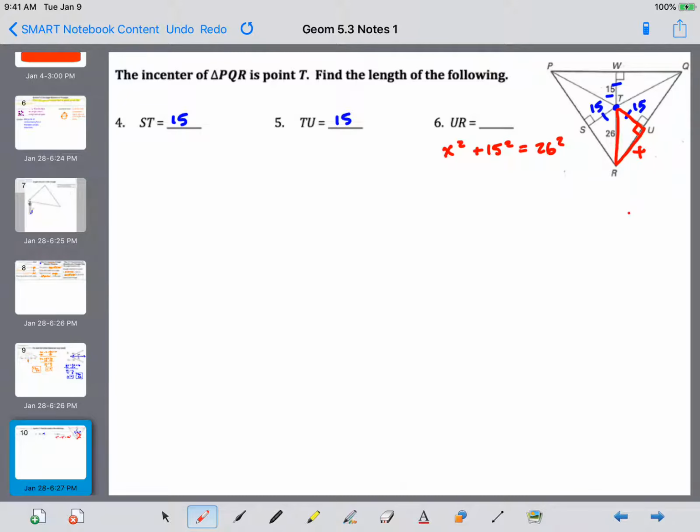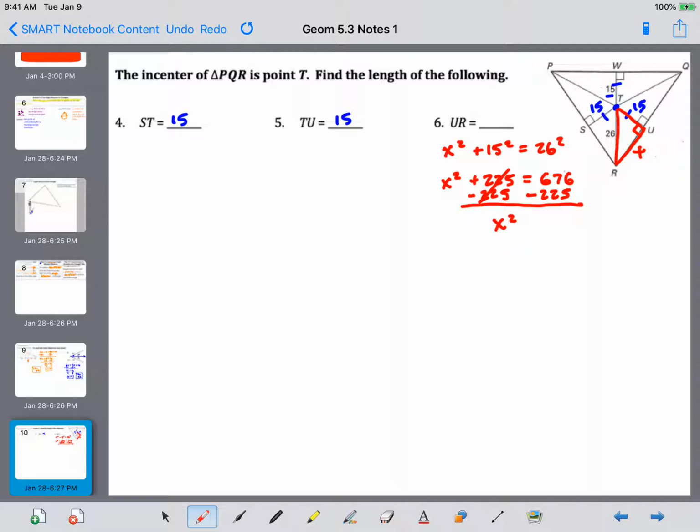So if we go ahead and solve that, we end up with x squared plus 225 equals 26 squared. Let me grab a calculator. I don't remember that one off the top of my head. So 26 squared is 676. So we can go ahead and subtract 225 from both sides.